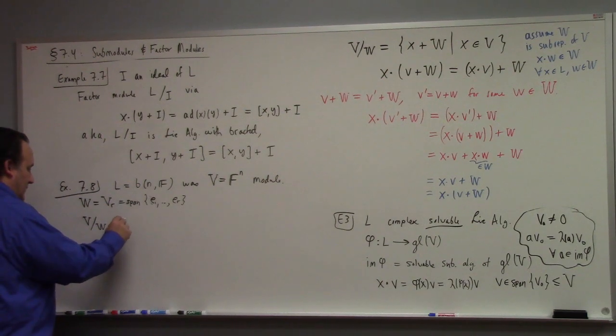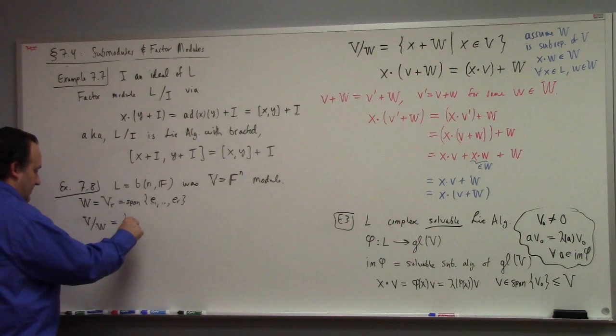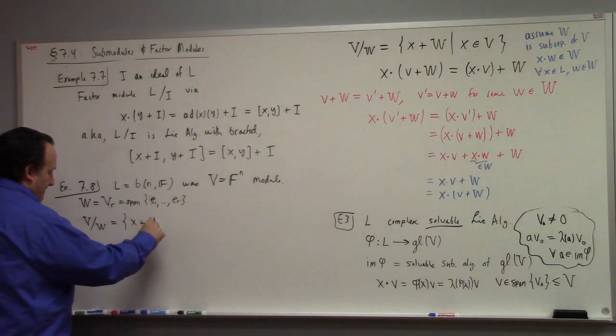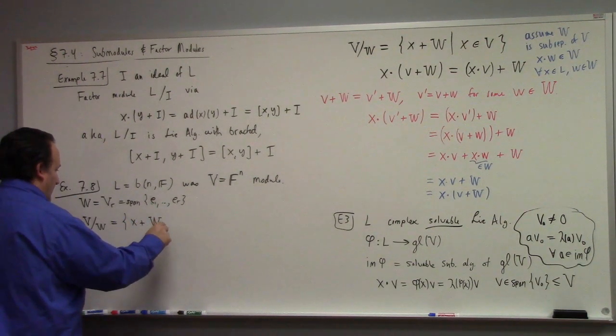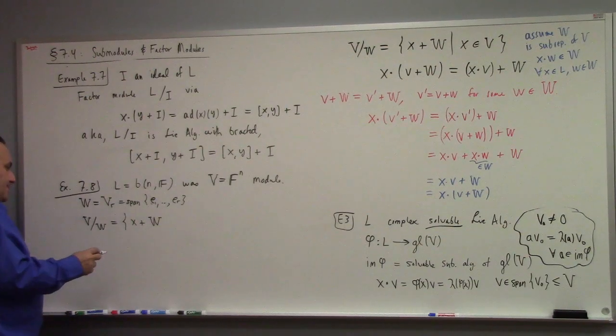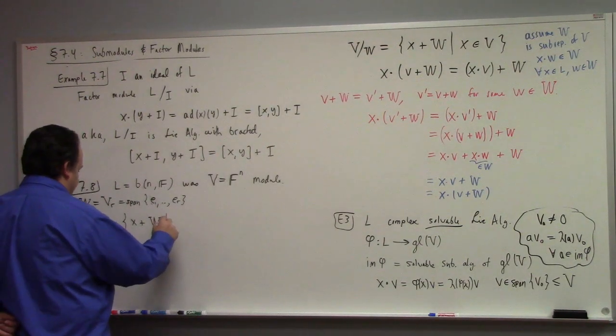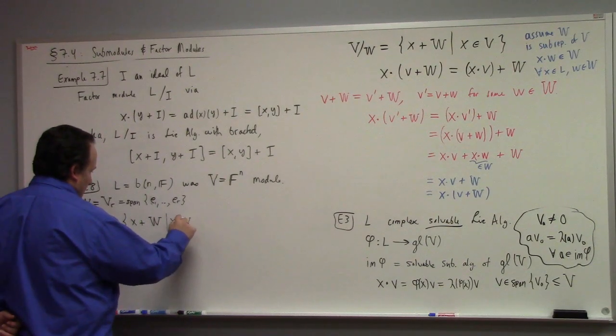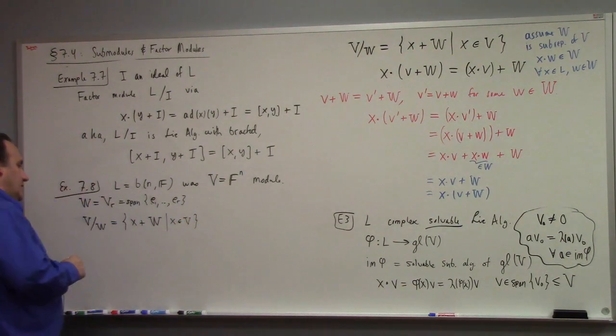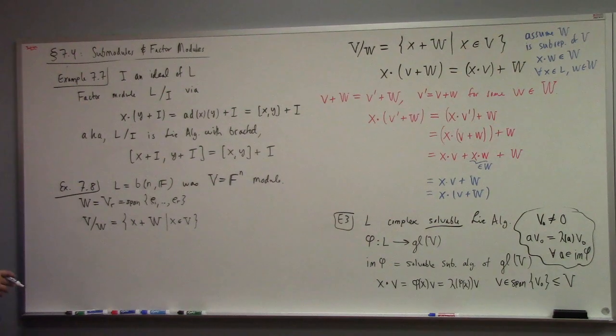So if you look at V mod W, that of course is things of the form x plus W. What's the dimension of such a quotient space? Can you tell me, Audric?